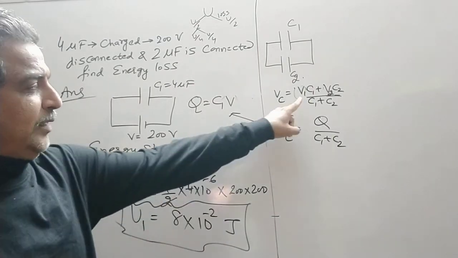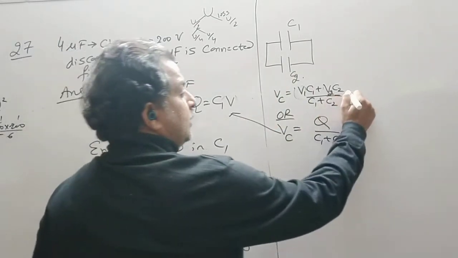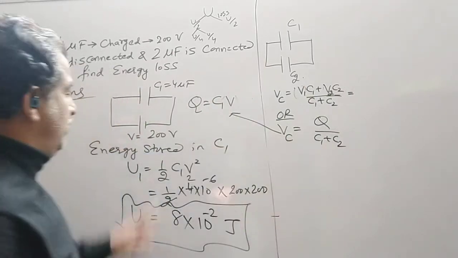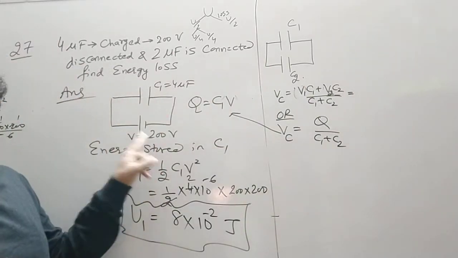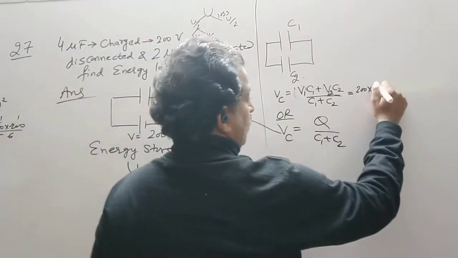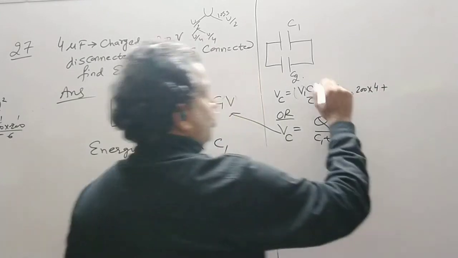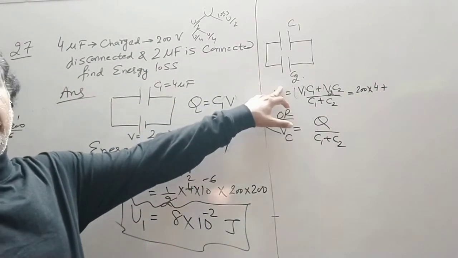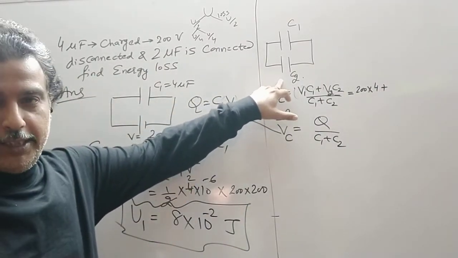Now if I apply this formula, this is equal to V1, and V1 means C1 was connected with 200 volt. So 200 multiplied by C1, C1 is 4 micro, plus V2. V2 means C2 connected to a battery, but C2 was not connected to a battery.